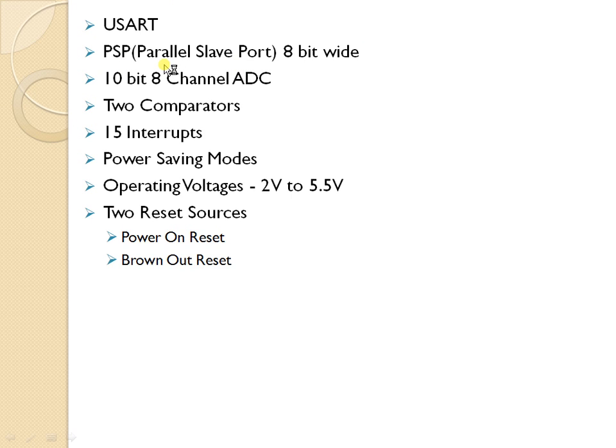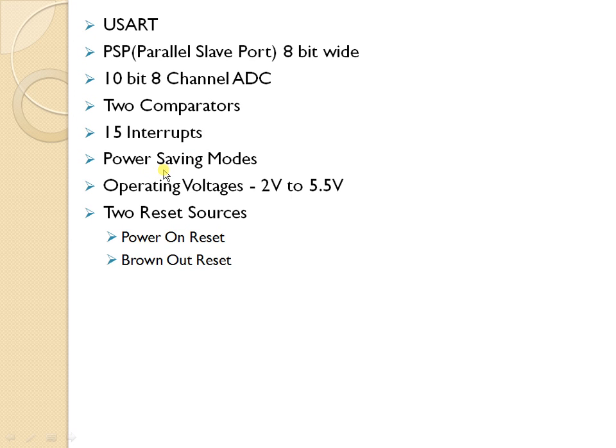This port is basically used for connecting slave devices like 8255. It has a 10-bit 8-channel ADC, which is used for converting analog signals into digital form, providing the output in 10-bit digital form. It has 2 comparators and 15 interrupt sources.